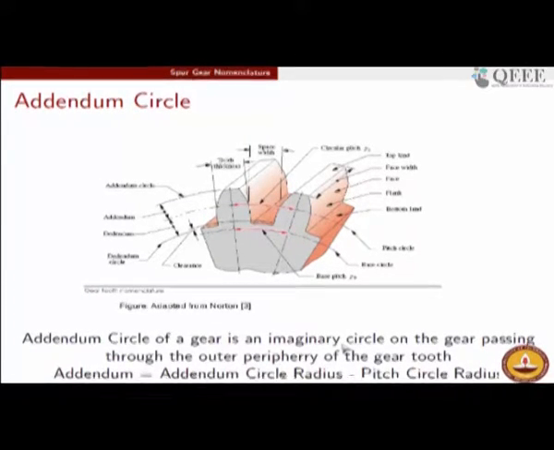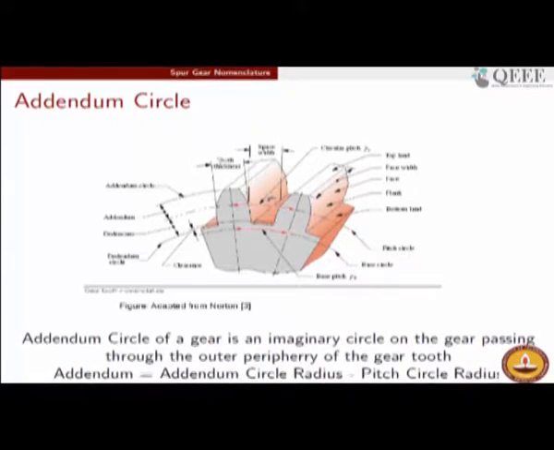Now, we will get to see many more kinds of circles in the gears, and some of them are easily discernible when you see the gear. For example, you could contemplate a circle passing through the outer periphery of the gears, which obviously is not drawn. So we say it is an imaginary circle, but it can be visualized with very little effort.